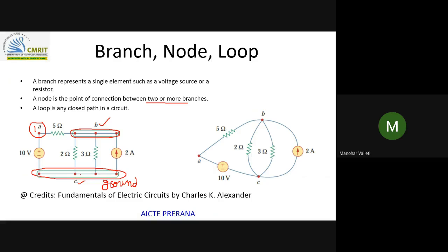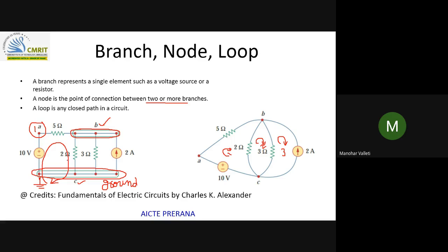And obviously by seeing this circuit we can see there are 3 loops, this is one loop, this is the second loop, and this is the third loop. But a very important point, remember when you are talking about a loop, you will start from the ground, and you will again come back to the ground.